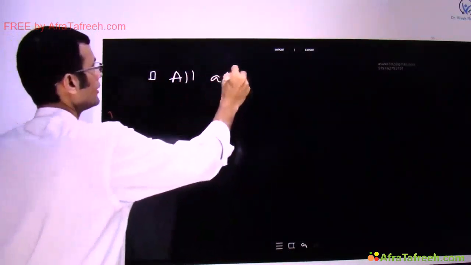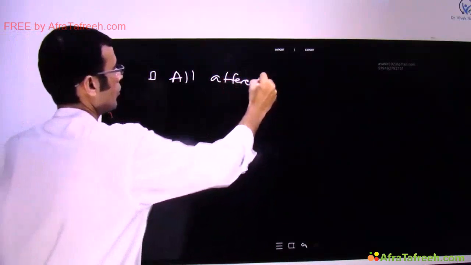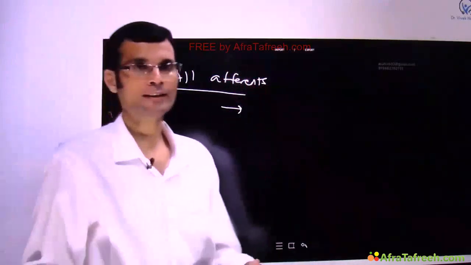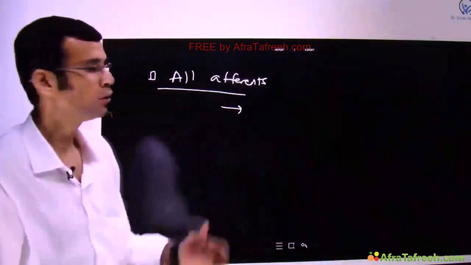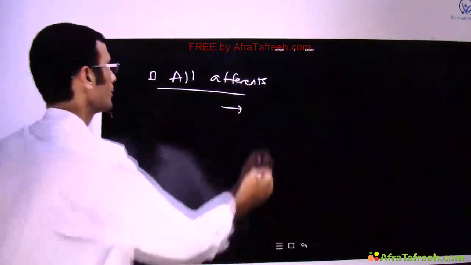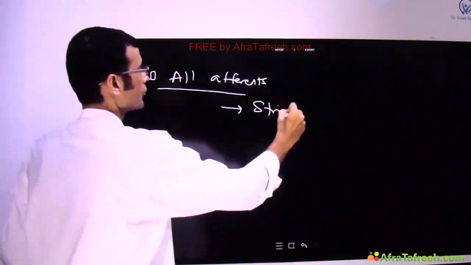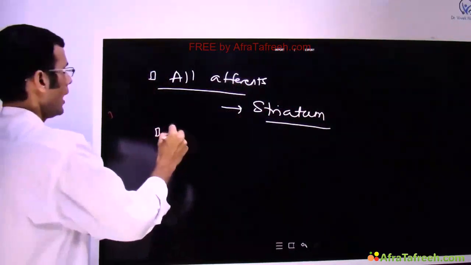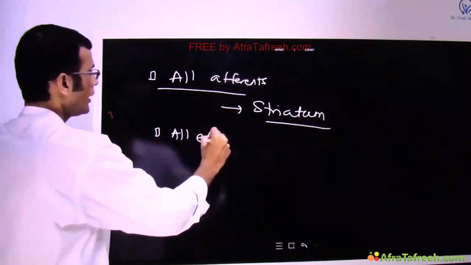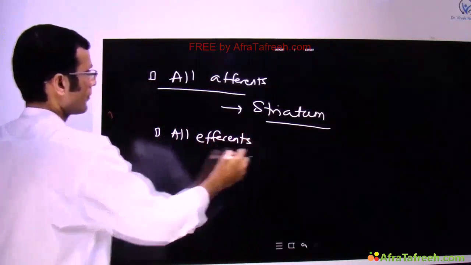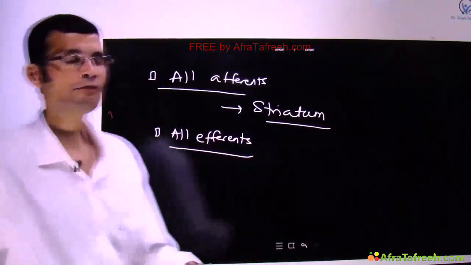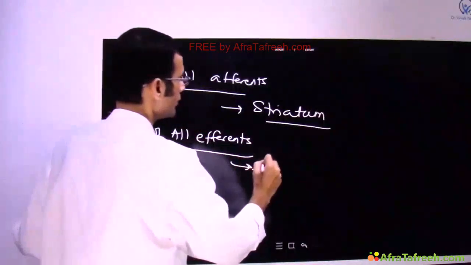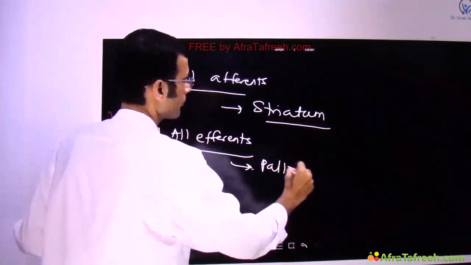All the afferents obviously coming from the cortex. Basal ganglia has exclusive connection with the cortex. So all afferents are coming from the cortex. They end in the striatum. And all efferents, they emerge from the pallidum.